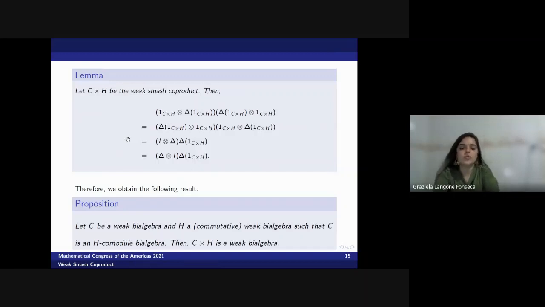Therefore, we obtain this result that says that if C is a Weak-Bi-algebra and H is a commutative Weak-Bi-algebra such that C is an H-comodule Bi-algebra, then C times H is a Weak-Bi-algebra.